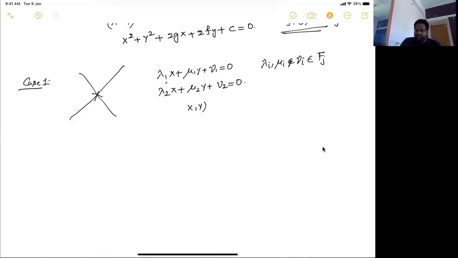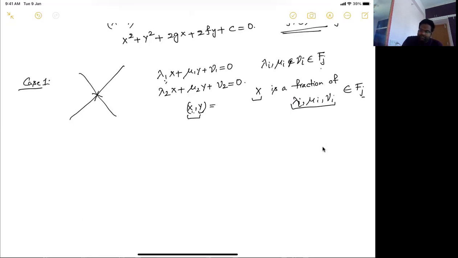The point (x, y) is obtained from the coefficients lambda i, mu i, and nu i, and therefore the coordinates of this point also belong to F_j, because x is a fraction of lambda i, mu i, and nu i. Since F_j is a field, and it is a fraction of elements of F_j, it must also belong to F_j. Similarly, y also belongs to F_j.